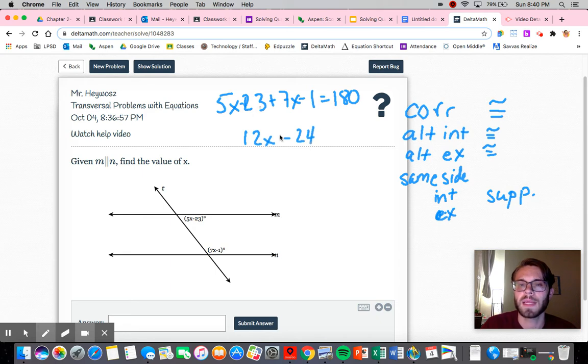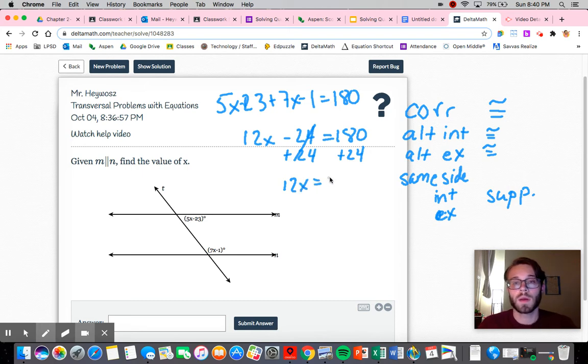Now that I've combined my like terms on this side, we can actually start solving this. We'll add the 24 to both sides. Those cancel, so we get 12x is ultimately equal to 204.